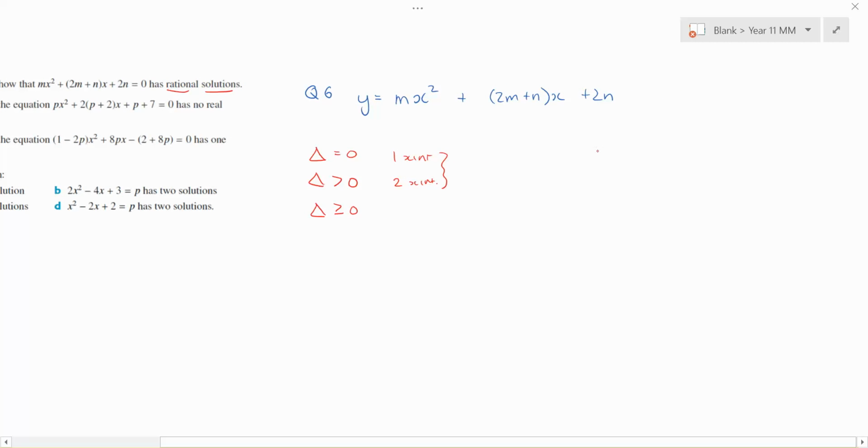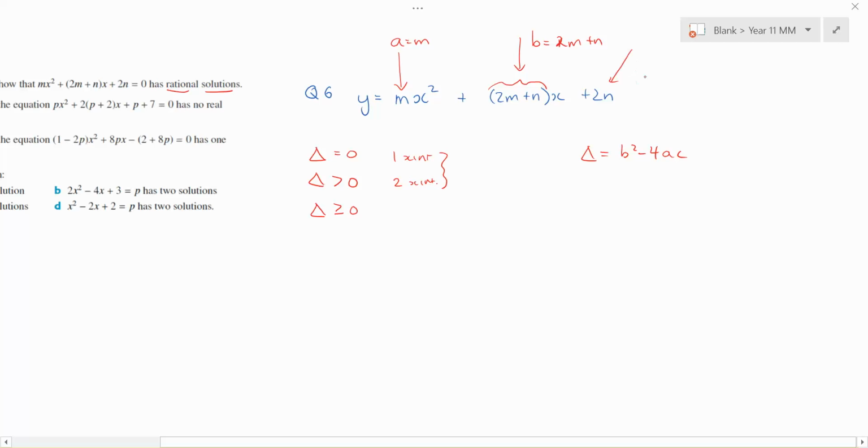The first thing you need is to find the discriminant, which is b squared minus 4ac. Remember, a is the coefficient of x squared, the number that's multiplied to x squared, which is m. The value multiplied to x is b, so b equals 2m plus n.